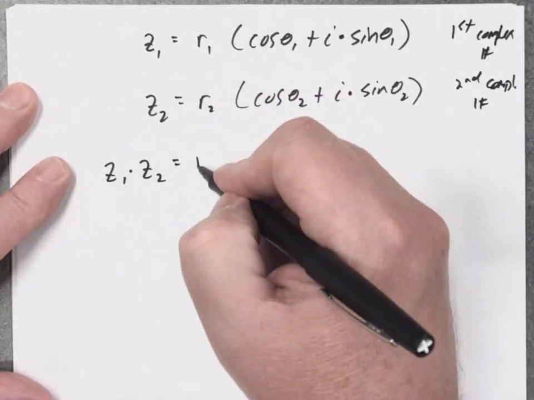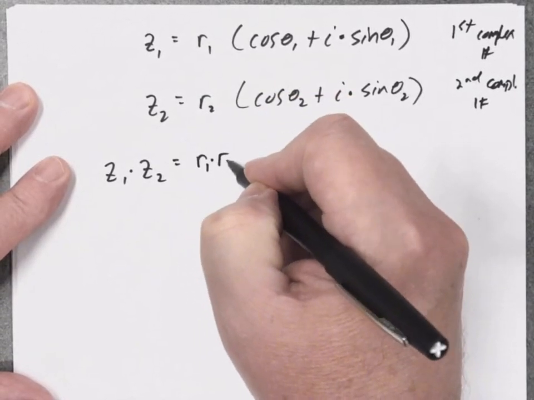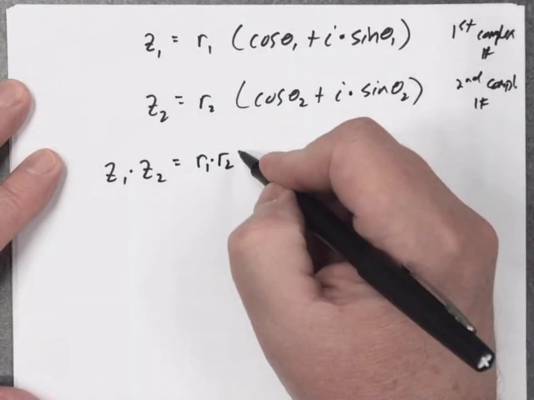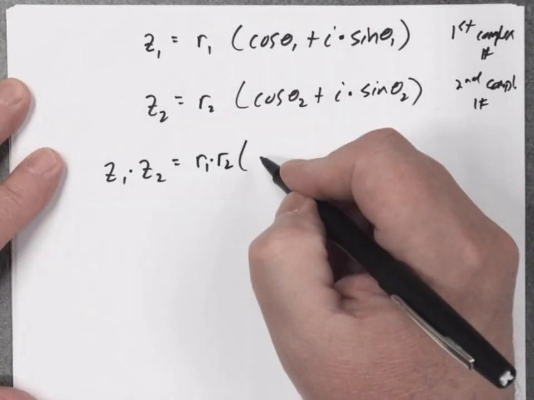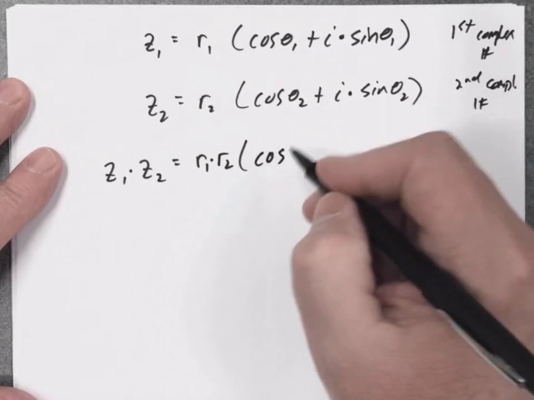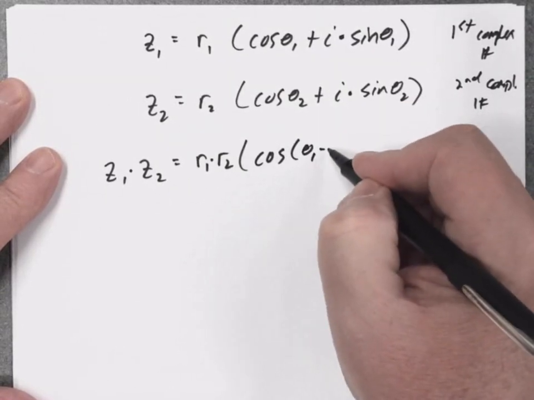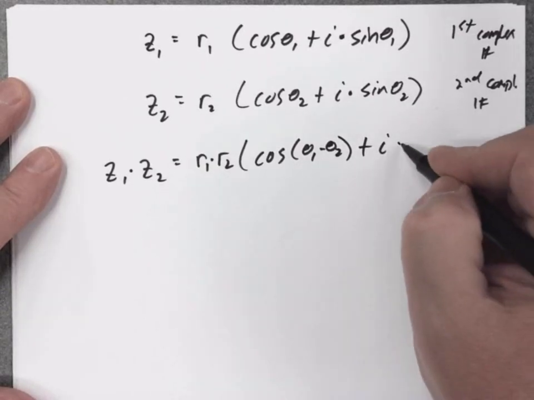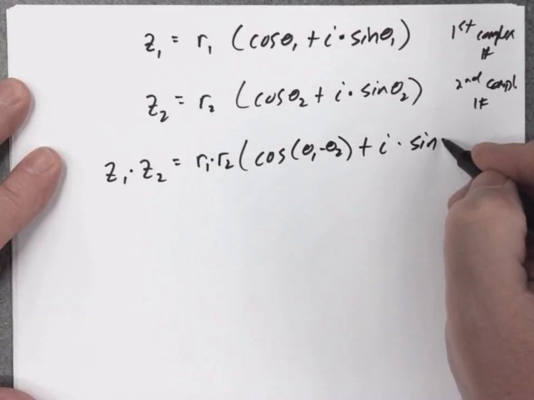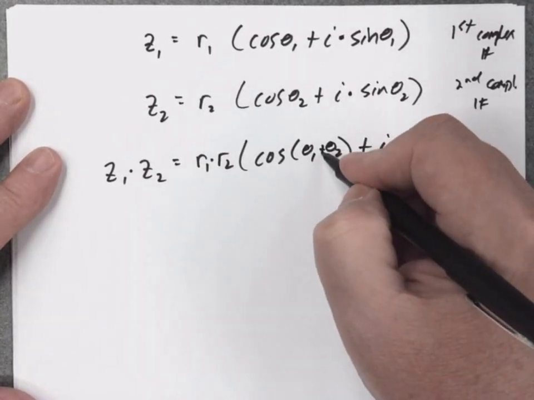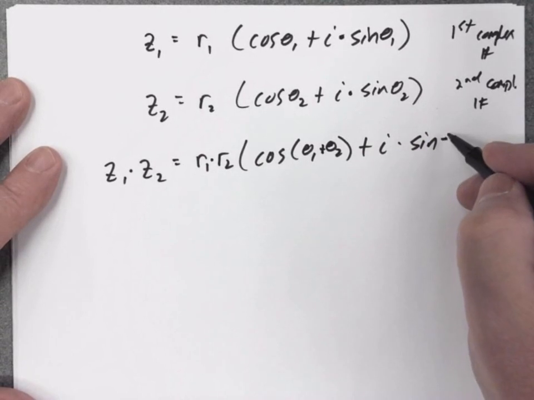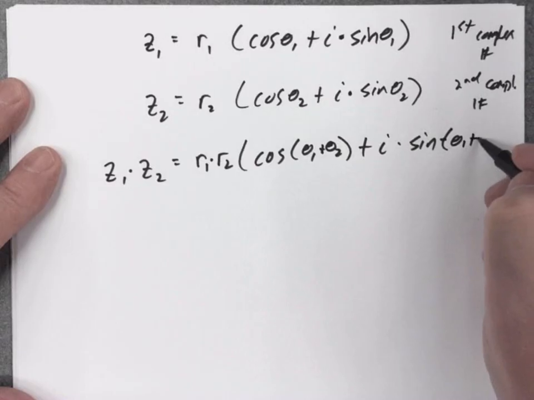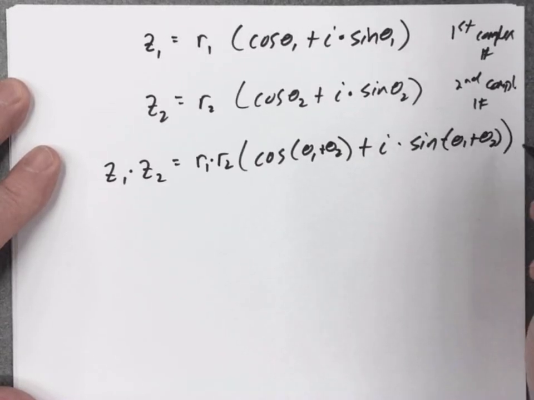What ends up happening is you just multiply r1 times r2, and then inside parentheses, you have the cosine of theta 1 plus theta 2, plus i times the sine of theta 1 plus theta 2.